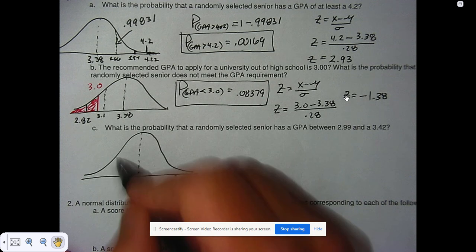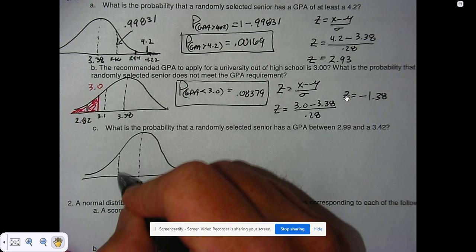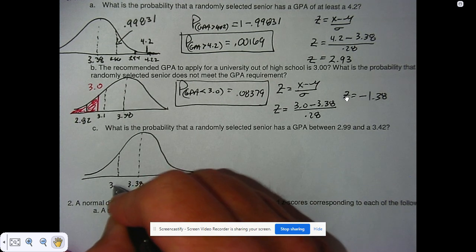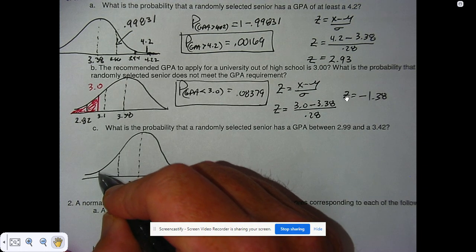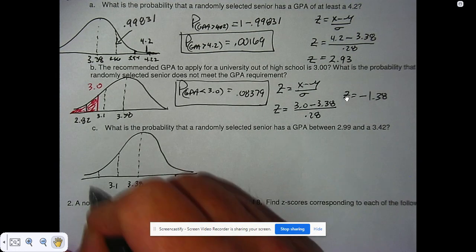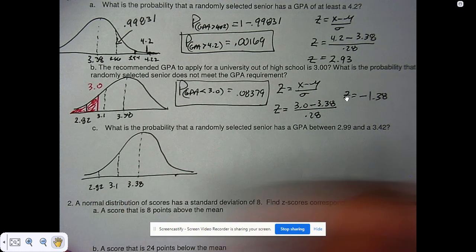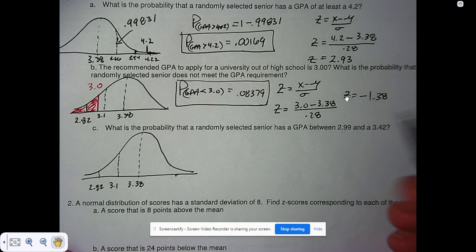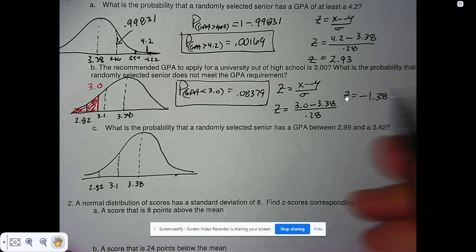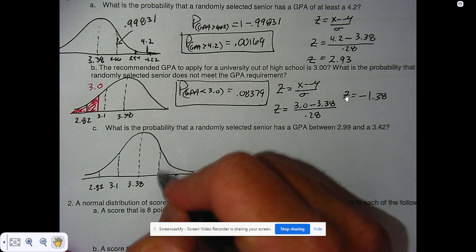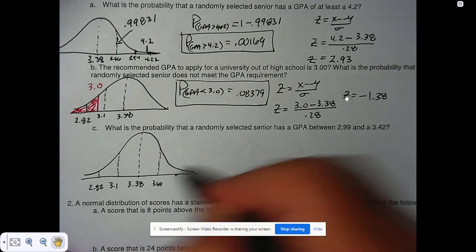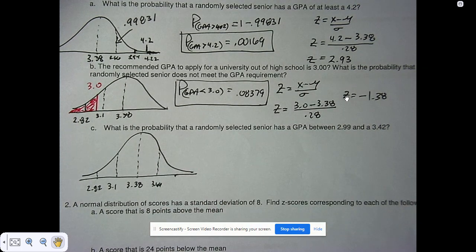So if I go back one standard deviation, I get 3.1. And if I go another standard deviation, I get 2.82. Going forward from 3.38, I get 3.66. I'm copying these numbers from the previous two problems.